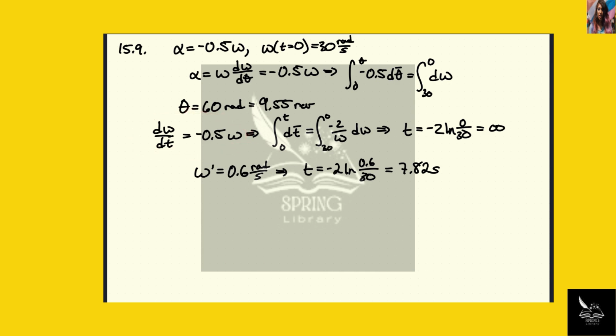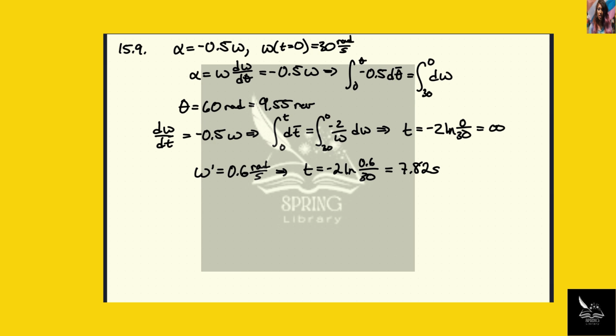Again, separating variables and integrating, we get an integral from 0 to t of dt bar equals the integral from 30 to 0 of minus 2 over omega d omega. Now the issue here is that this becomes a natural log, right? And evaluating the natural log at 0, the natural log of 0 is minus infinity.